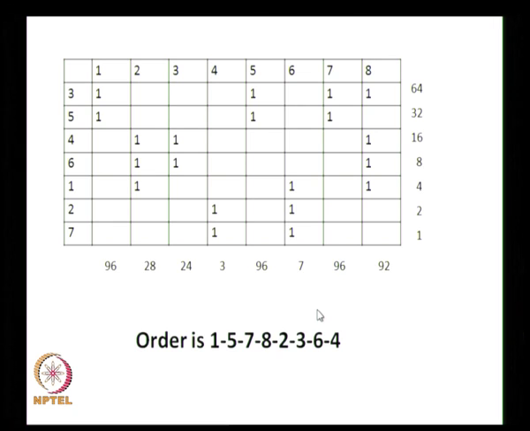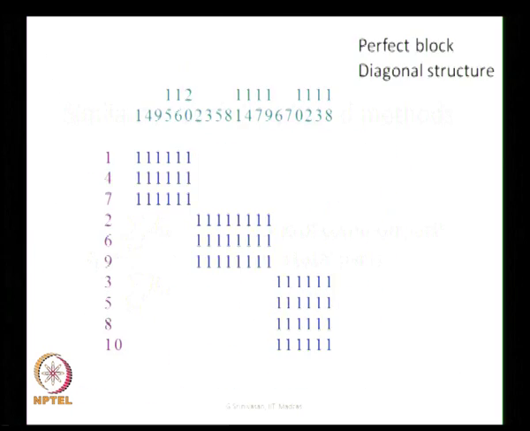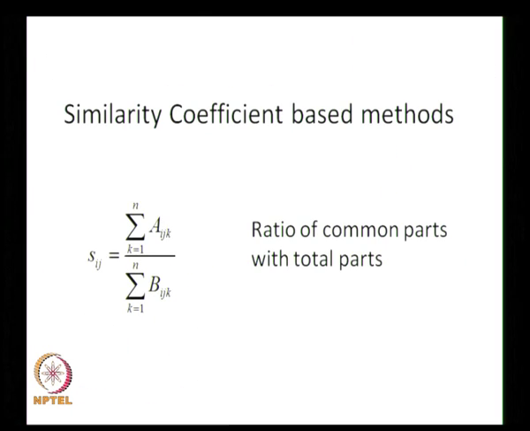So what we can do now is to try and find out some kind of a similarity index or a similarity coefficient between the rows and then start grouping them based on the similarity coefficient. Those methods are called similarity coefficient based methods.